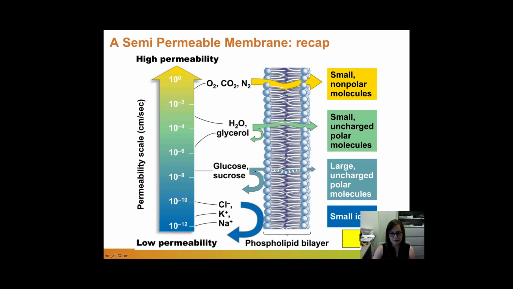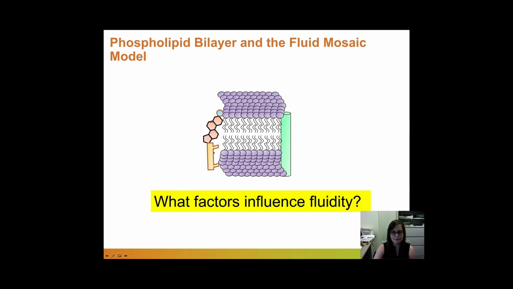Glucose does the same, and the ions really can't pass through the semi-permeable membrane. And a hint for the daily quiz: I want you to know what would go through quicker, something like oxygen or something like an ion. So this is a helpful chart to take a look at before the quiz.